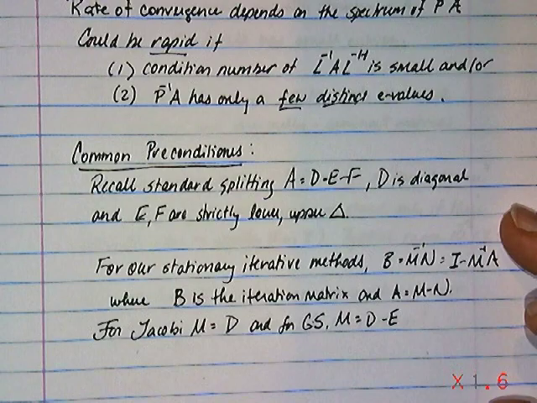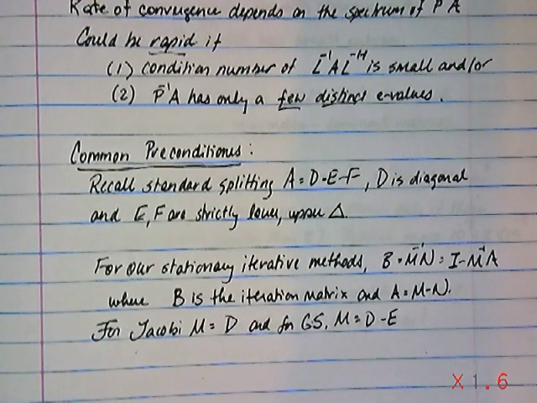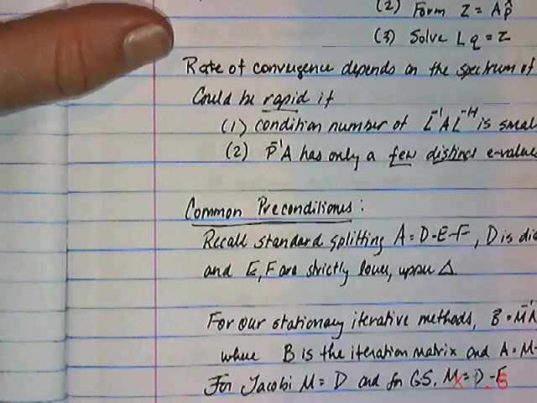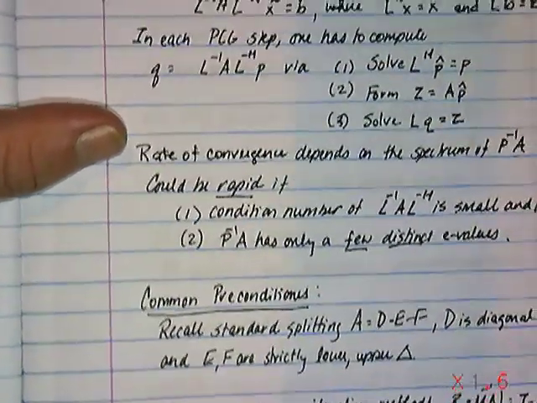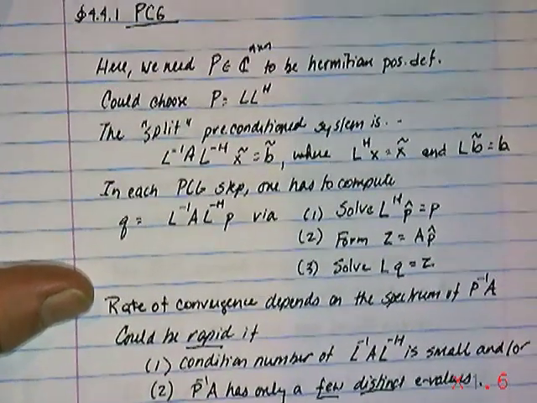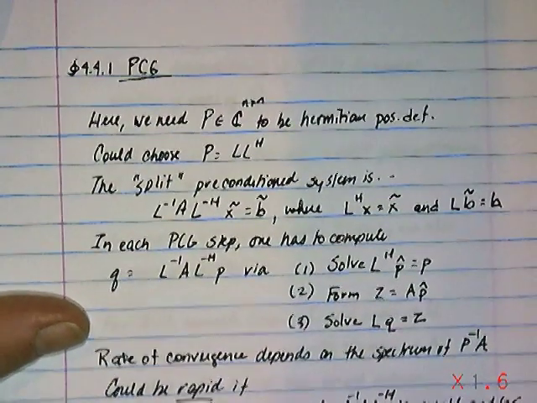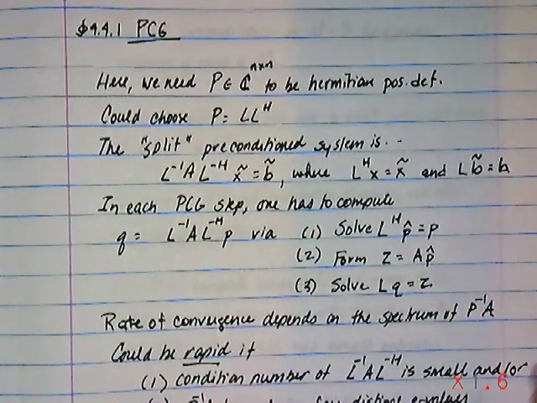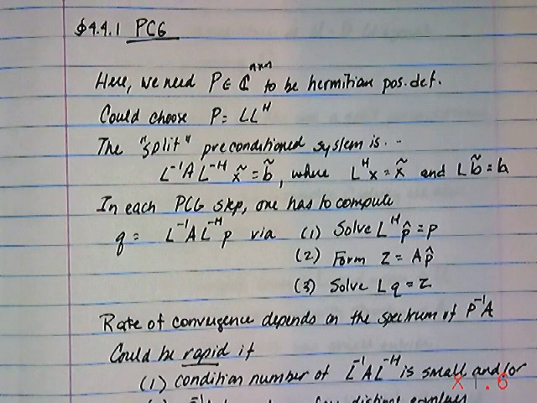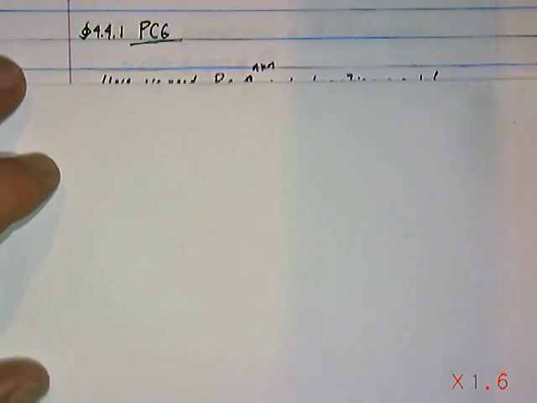So let's finish out with a section on specifically applying this technique of preconditioning to the conjugate gradient algorithm, right? So this is 4.4.1 in the Bjork book. And what we're looking at is a technique called PCG, or Preconditioned Conjugate Gradient.